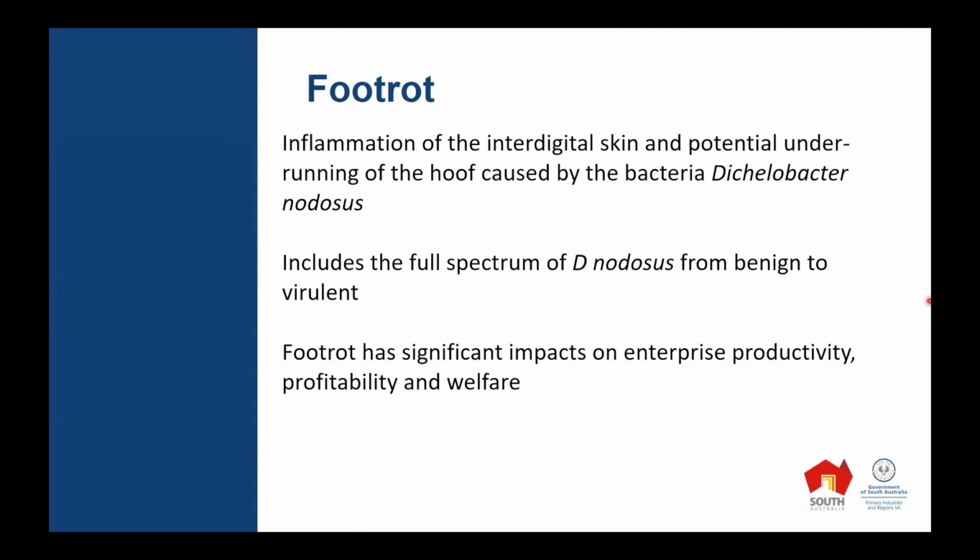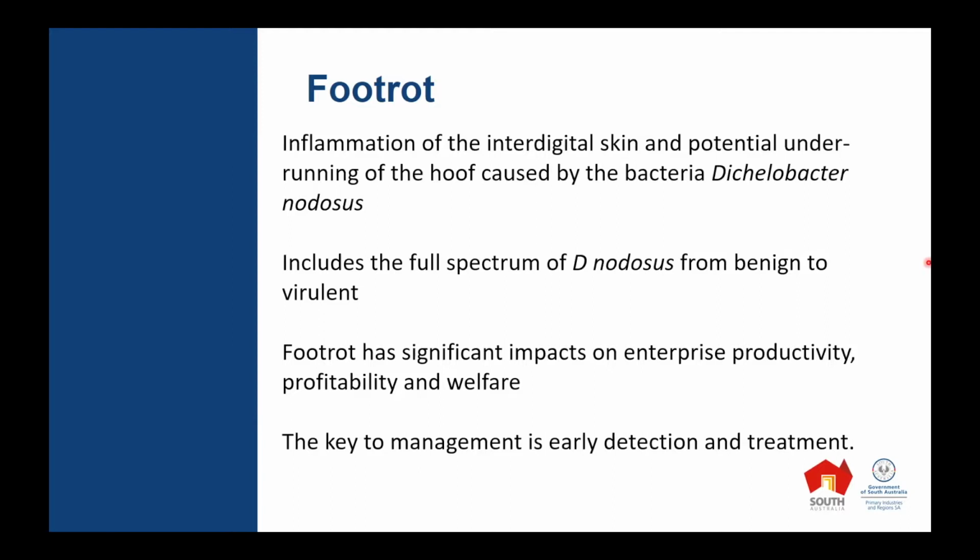And foot rot has significant impacts on enterprise productivity, profitability, and in serious cases, certainly welfare. The key with foot rot is to detect it early and pick it up when it's at a low level, deal with it, get on with it, and eradicate it and move on.